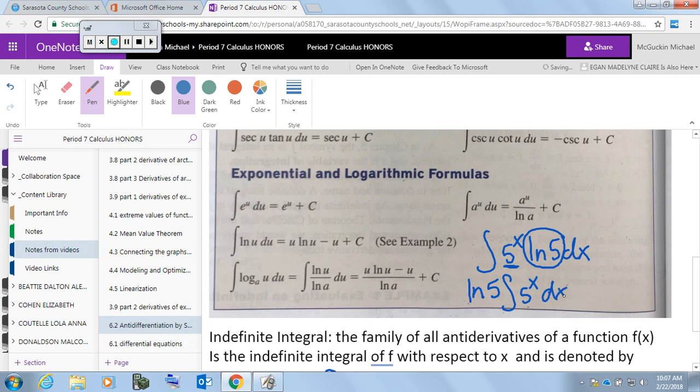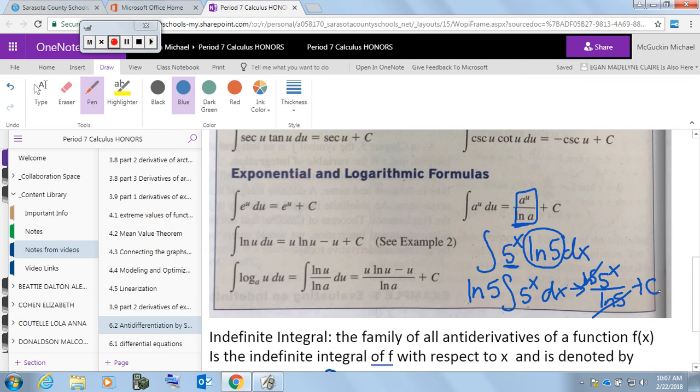So now, going by our rule of thumb, this would be a to the u, which is 5 to the x, divided by the natural log of a, which is 5. But don't forget, when you're evaluating, you had the ln of 5 on the outside. That will cancel and that will cancel, and so you're left with just 5 to the x plus c.